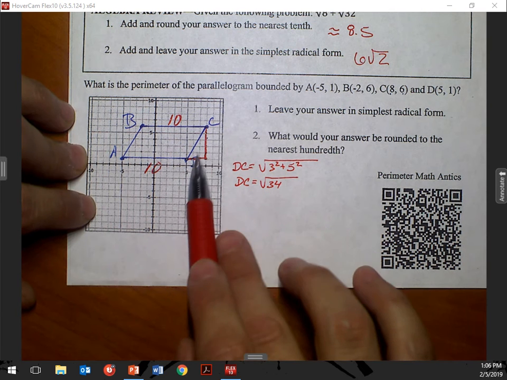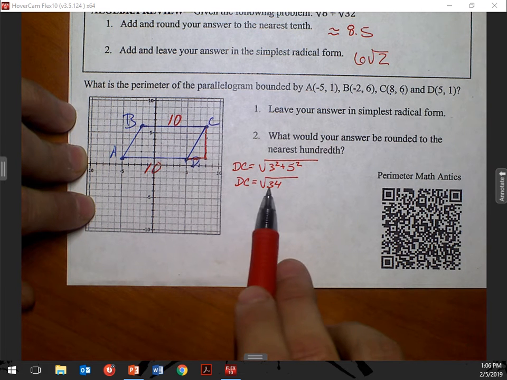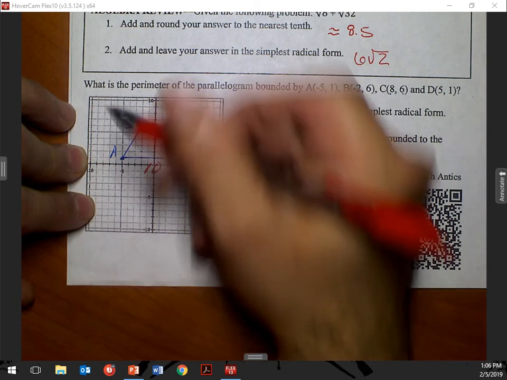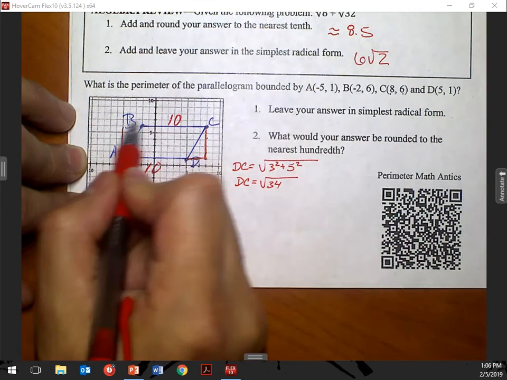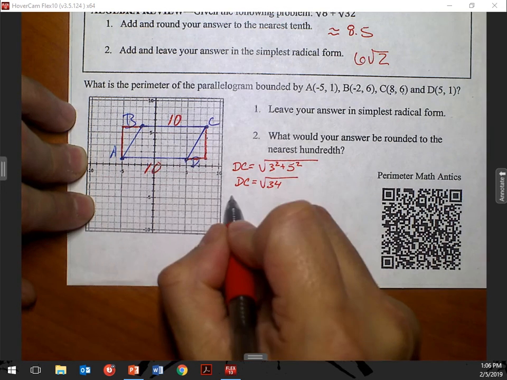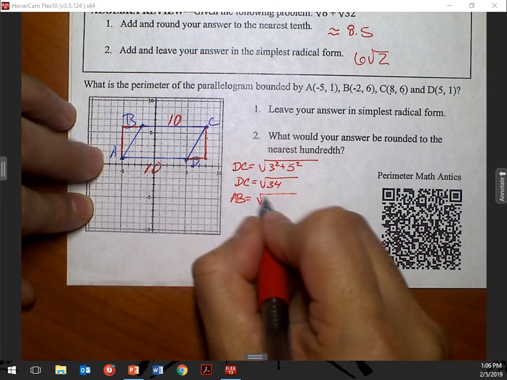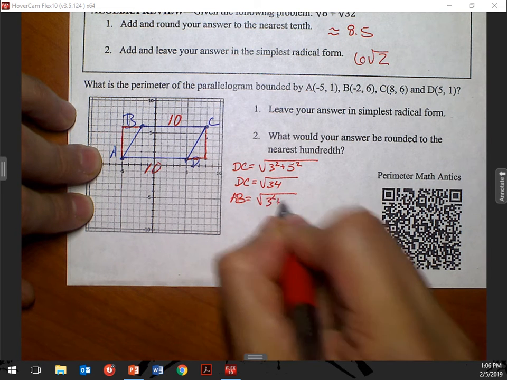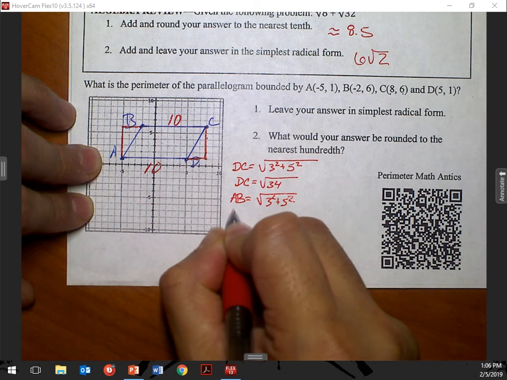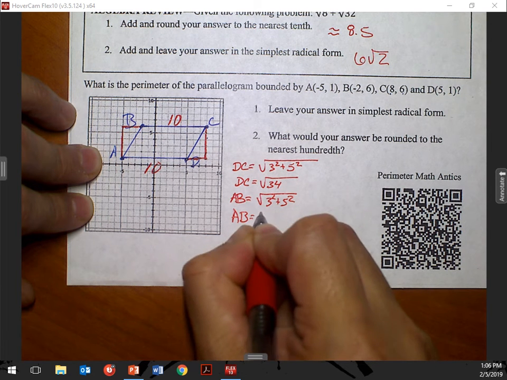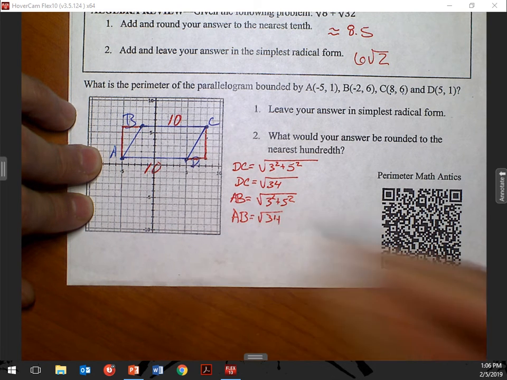So I know from here DC is going to be the square root of 34, or this one right here. What about AB? This one is going to be 3 squared plus 5 squared. You said 3 squared? Yeah.